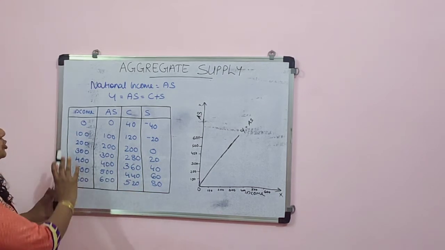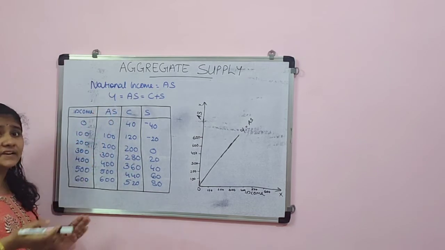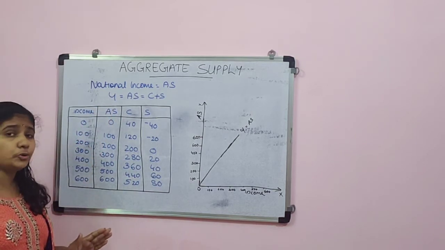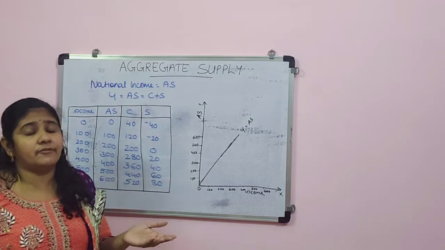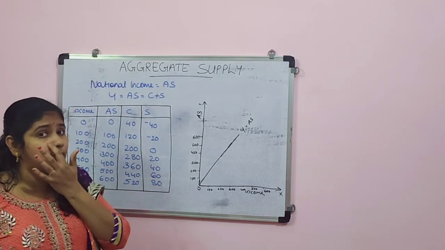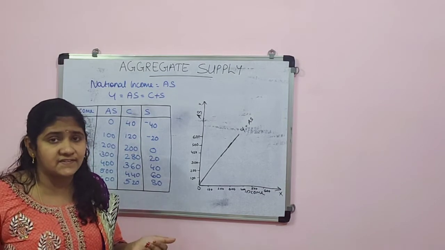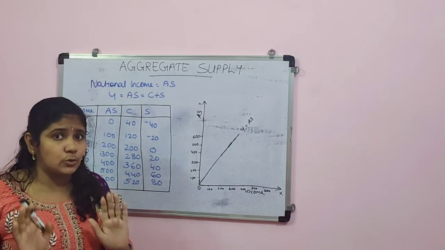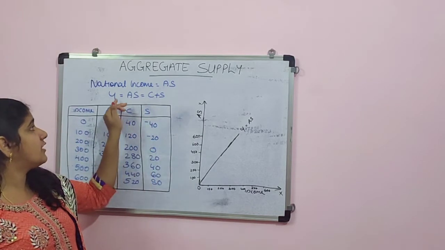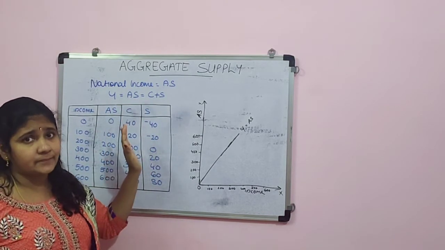So students, you just see that here today what we said: aggregate supply is equal to the amount of the goods and services produced. That is what we are planning, that how much amount we planned for producing goods and services. Then the amount of the goods and services produced is equal to income. Then Y is equal to AS.